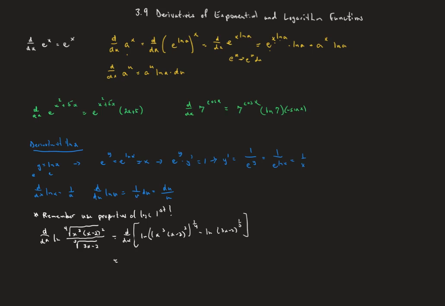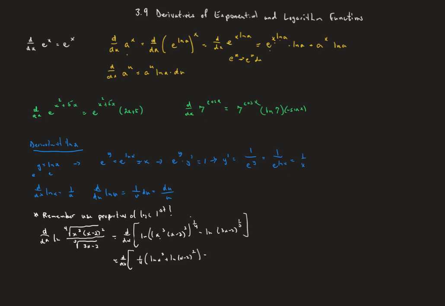So then what we can do is start using more properties of logarithms. We can bring this exponent in front and call that 1/4 of, and I'm going to start doing this quicker. The log of a product is the sum of the logs, so that's going to be the natural log of x to the third plus the natural log of x minus 2 to the second.